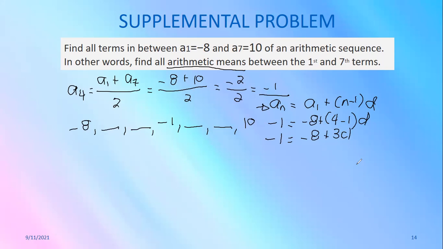Okay, let's see. So this is negative 1 plus 8, which is equal to 3d. Okay, so we have 7, which is equal to 3d. And to get the value of d, we need to divide both sides by what? By 3.